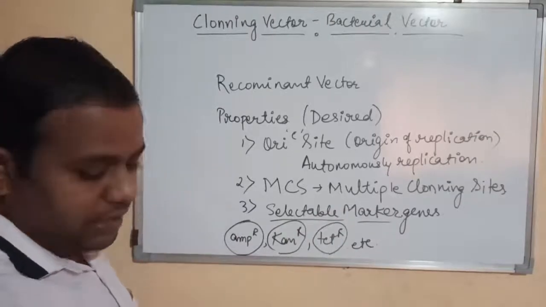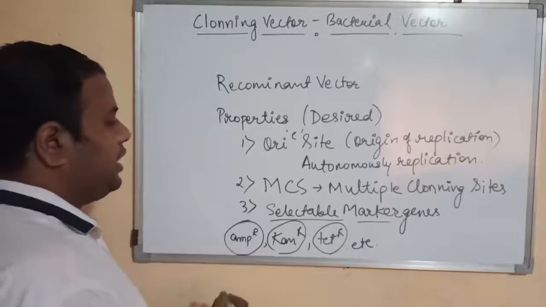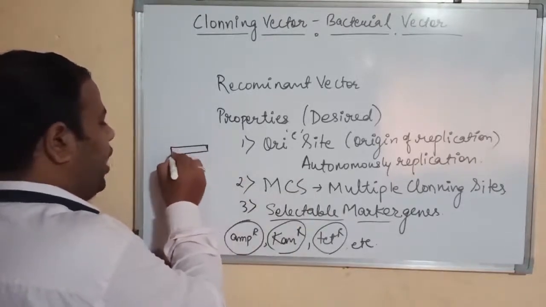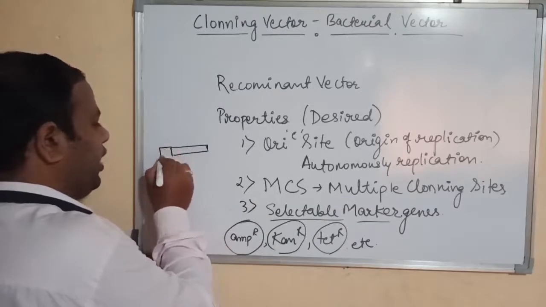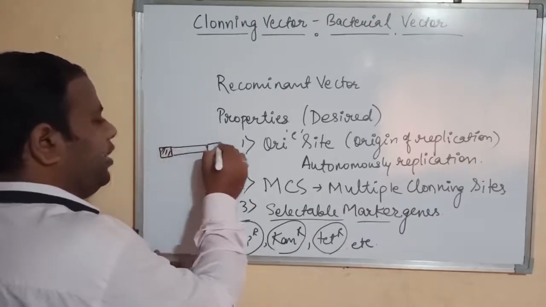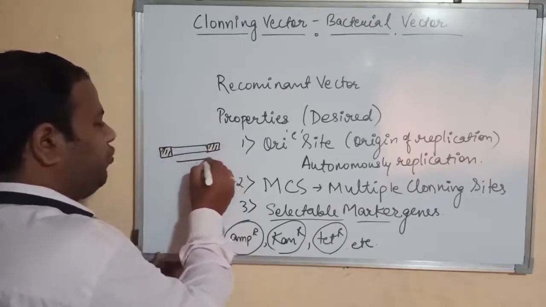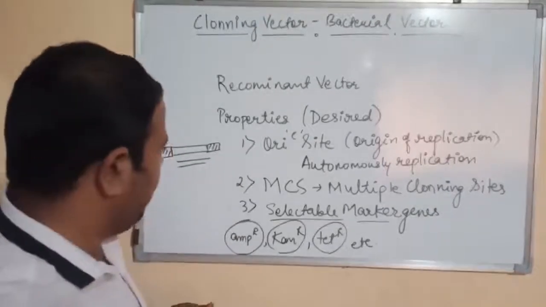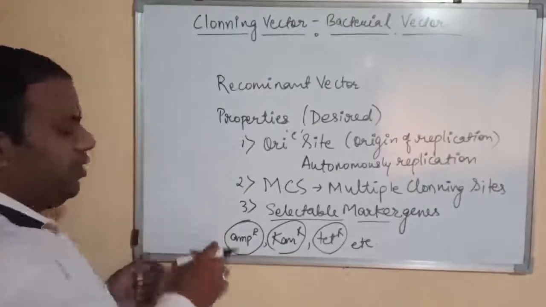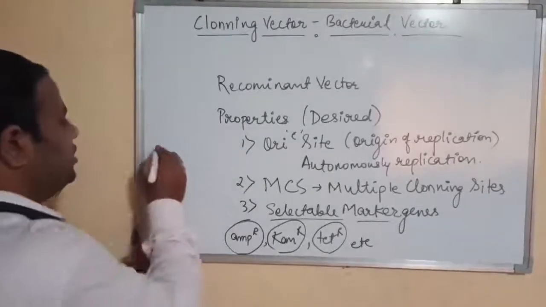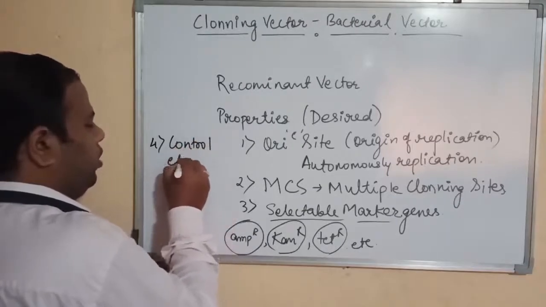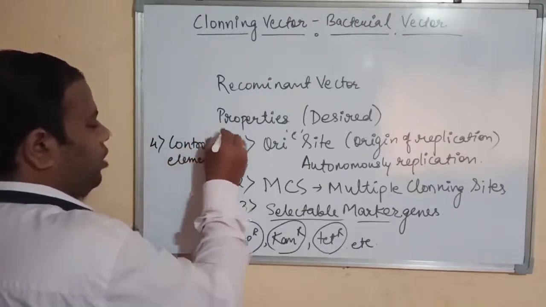Okay, so these are the different properties that a vector should have, and it should have a specific control mechanism. For example, if my gene of interest is this, it should have a control system also, like a promoter and a terminator, so that our gene of interest should be expressed properly in the host cell. So the fourth point that a vector should have is control elements.